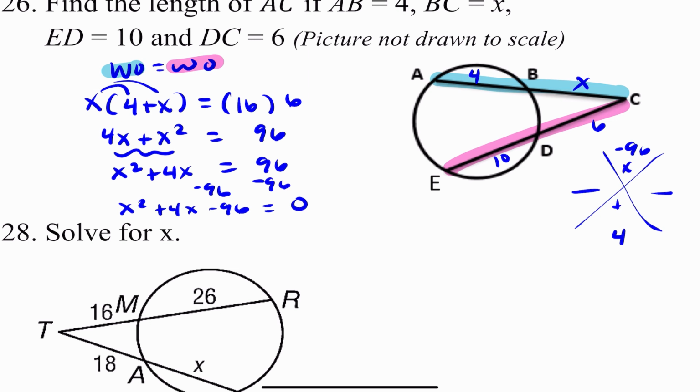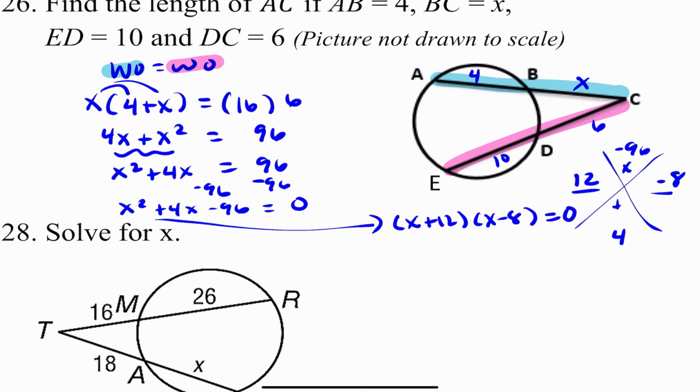What two numbers multiply together to give me negative 96, but add up to 4? I will say 12 and negative 8. So I can rewrite this as x plus 12 times x minus 8 equals 0. So x equals 8 and x equals negative 12. Which one's the best answer? It's going to be the one that's positive.